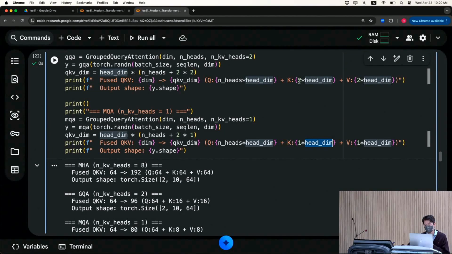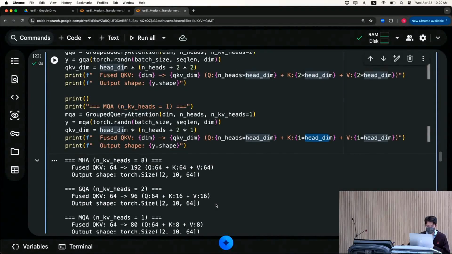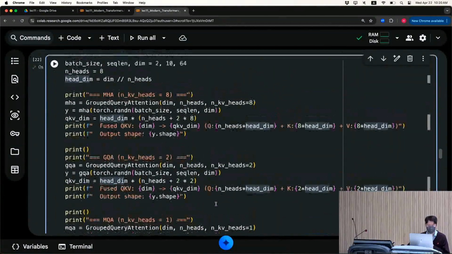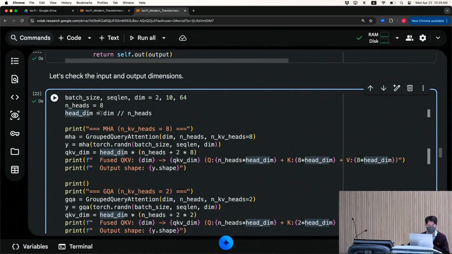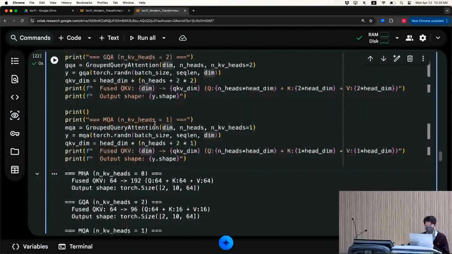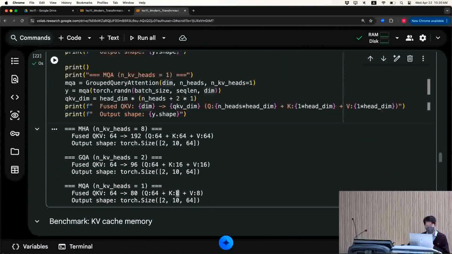So we need to multiply this number by the head dimension. Okay. Which is head dimension, we set it to dimension divided by number of heads. Dimension is 64, so 64 by 8. Yes. This is the head dimension for a single key head, and for a single value head.